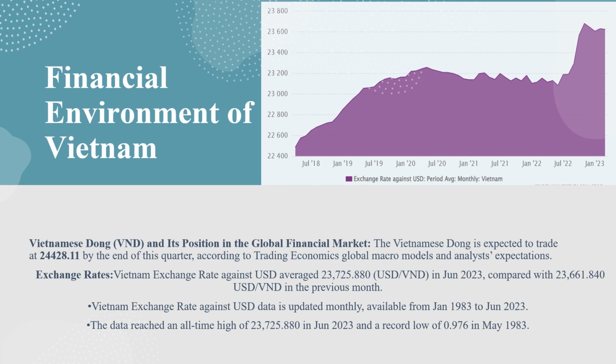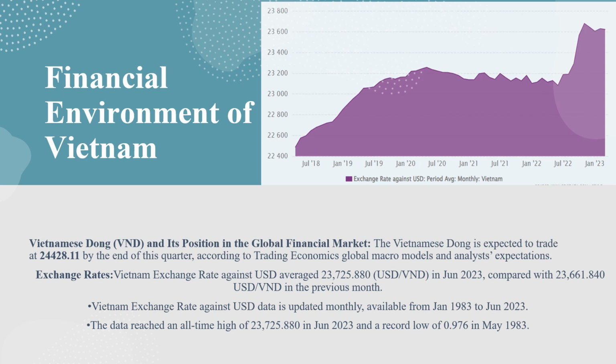The exchange rates in Vietnam: the average USD rate against the Vietnamese dong is 23,725, updated as of June 2023 compared with the previous month.